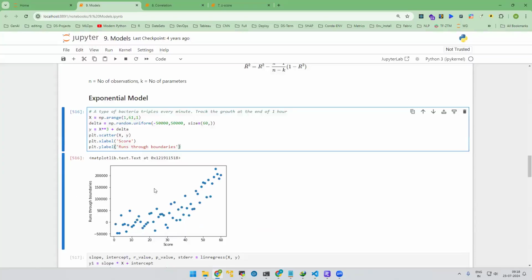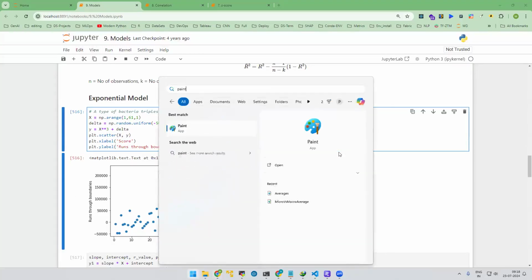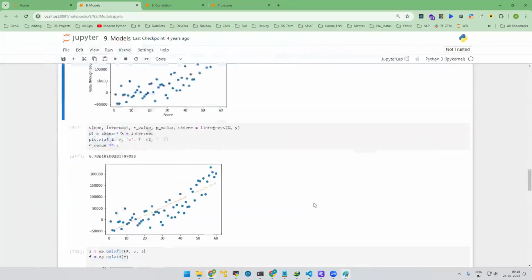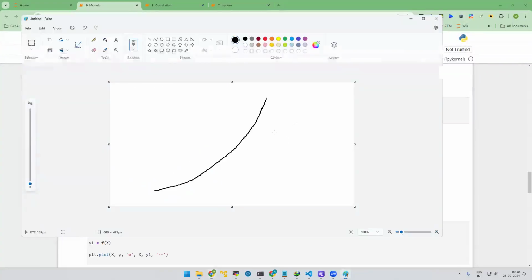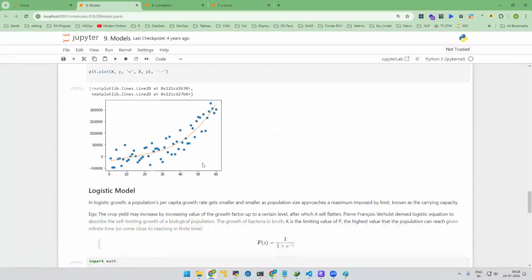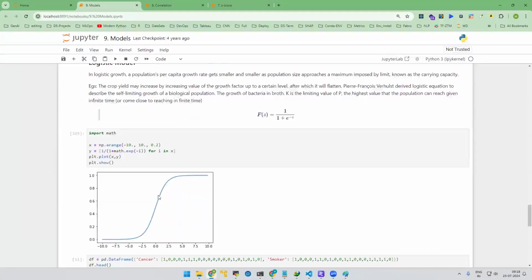There is an exponential model, in the sense where data is growing like this. Data is growing in this form. And if it is like this, it's going to be linear. This is a linear model. This is an exponential model. A logistic model is going to be like this.